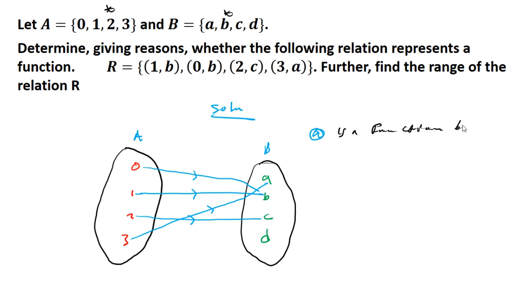Why? Because all members in the domain have an image, or have a range.